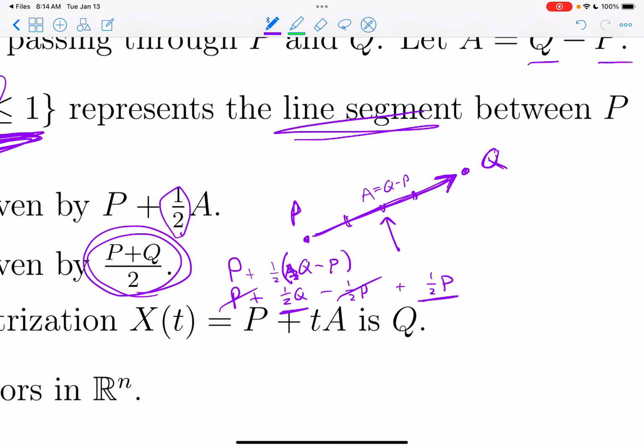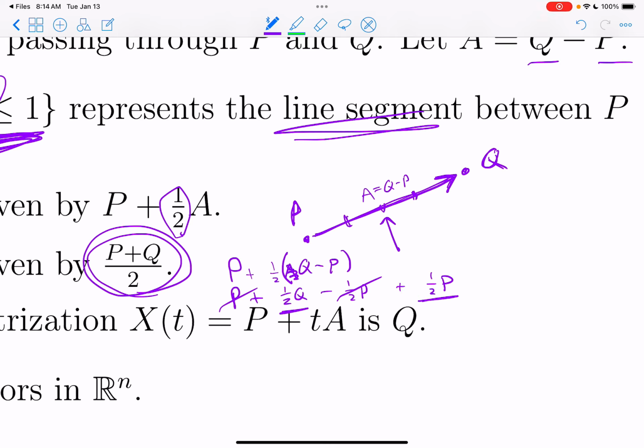Okay. And if you want in coordinates, you could write out P1 plus TA1, P2 plus TA2, P3 plus TA3, which is the coordinatization of capital X of t. And we just apply d/dt, the time derivative, to each piece separately.